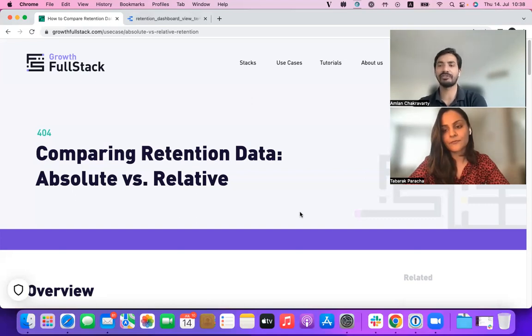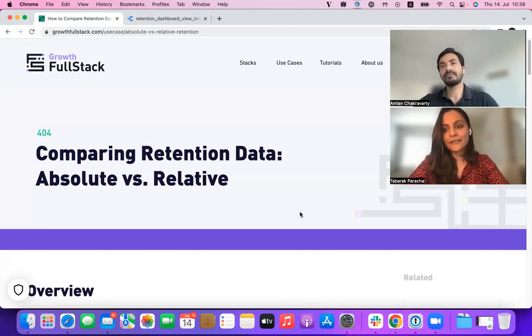Absolute retention is a legacy form of calculating retention metrics, and is used by many companies such as AppLovin as well. And relative retention again is something that is used by a lot of companies now. Tangent, for example, calculates retention on a relative scale. And in my opinion, I believe relative retention gives you a little more accurate picture of what the engagement of your app is actually like.